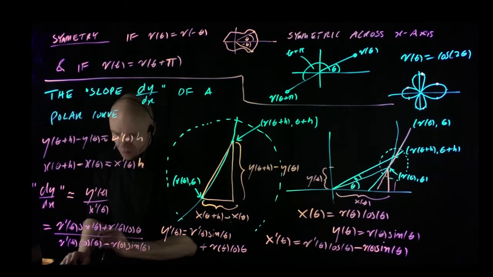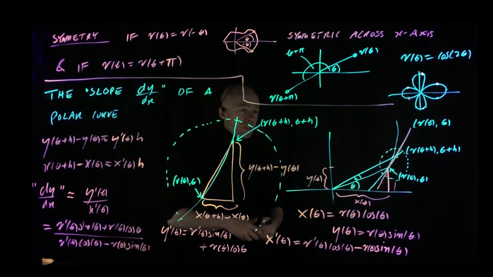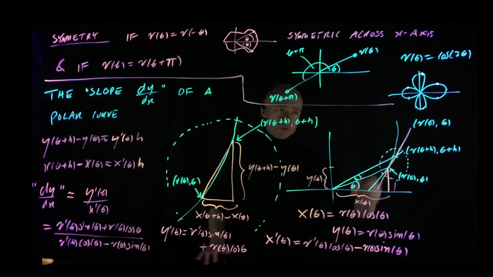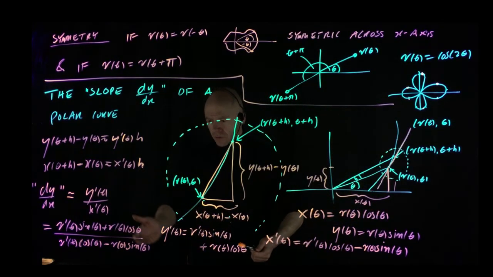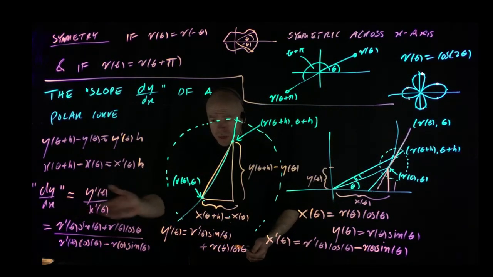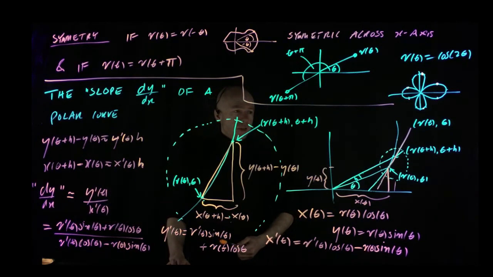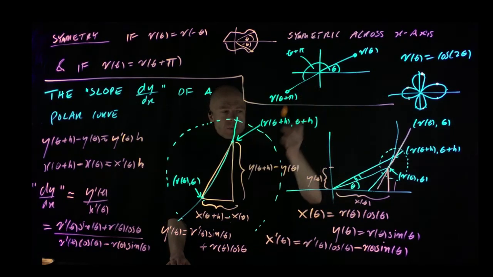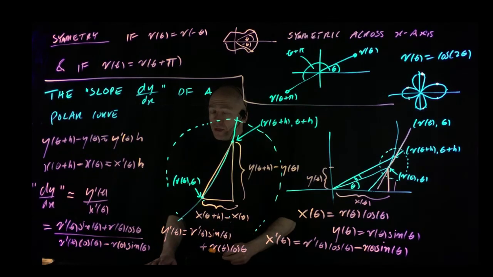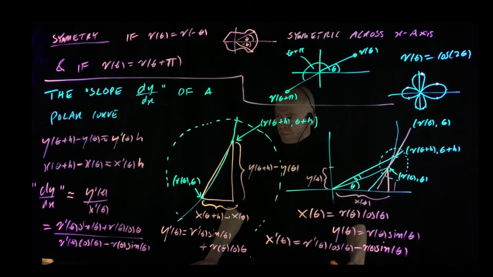And that thing is a completely explicit expression we can calculate, right? Because we're given r of theta as some function, we can differentiate it. And then we just put in whatever the angle is, right? If this angle was like pi over 6, we just put this in, and this would give us the slope, right?